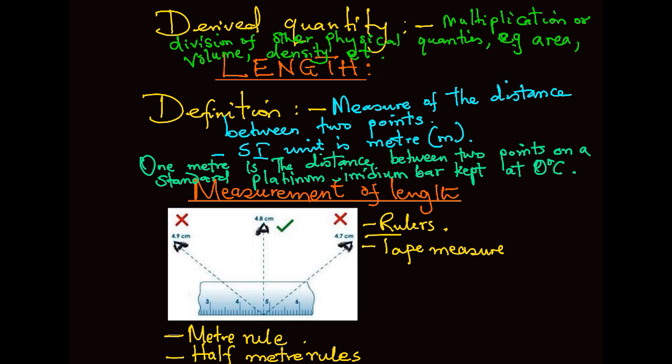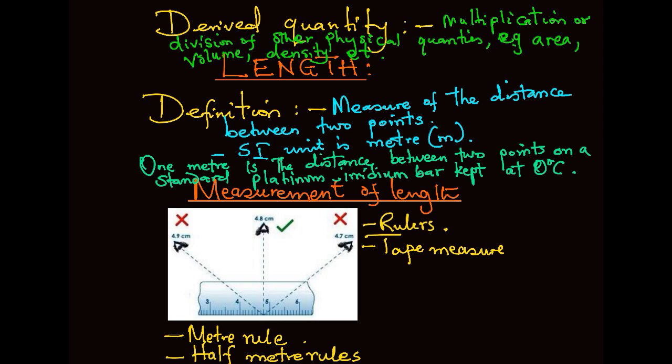We have rulers, we have tape measures, we have meter rules, we have half meter rules, and the rest. All these devices mentioned help in determining linear lengths.